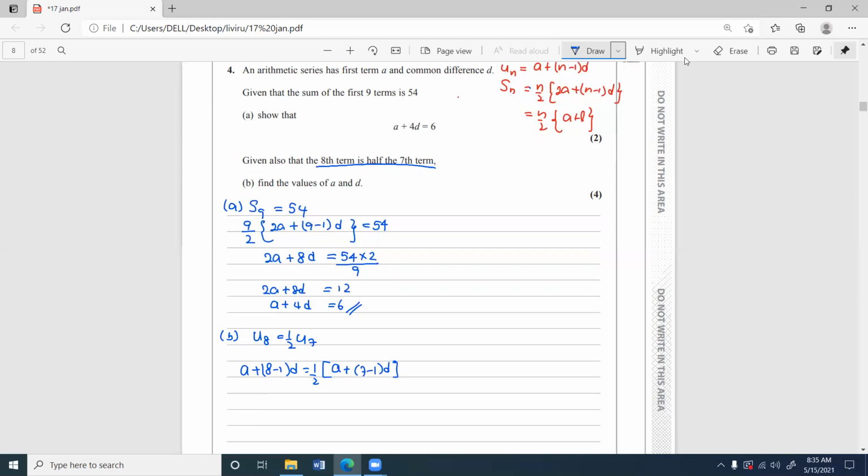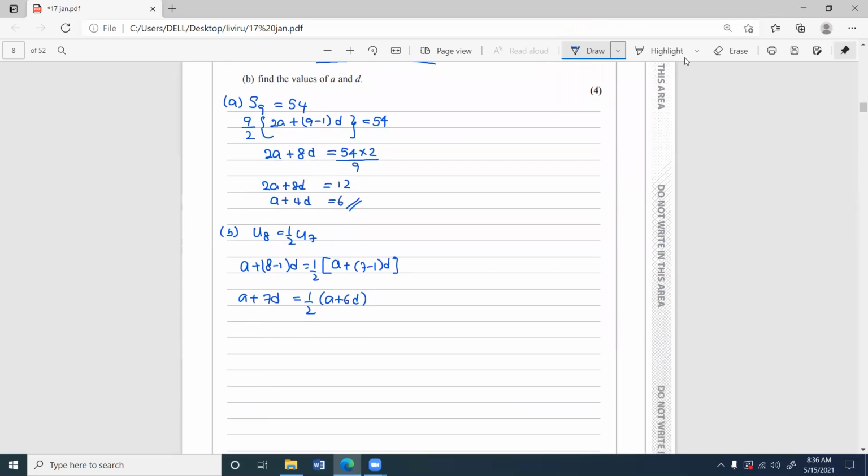So it turns out a plus 7d is equal to half times (a plus 6d). Then we need to find the values of a and d. So you can just multiply by 2: 2 times (a plus 7d) is equal to a plus 6d. So 2a plus 14d is equal to a plus 6d. If you bring this to the other side, it turns out a plus 8d equals 0.